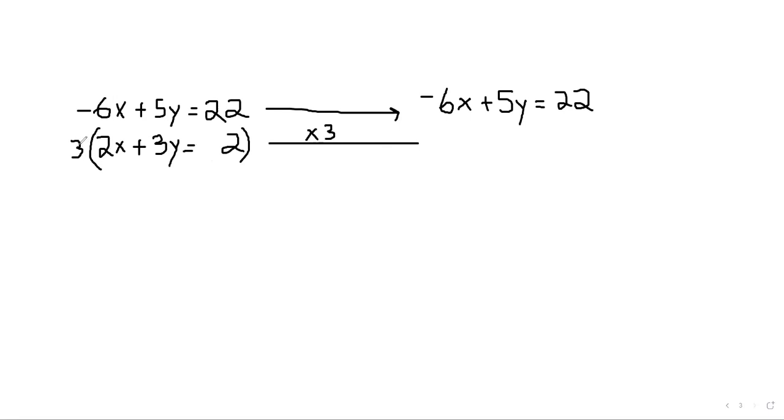So, okay, let's go. We have 3 times 2x is 6x. 3 times positive 3y is, what's that going to be? 9y, right? Okay. 3 times our equal sign, I guess is still our equal sign. I'm not quite sure about that. But anyway, 3 times 2 is 6.